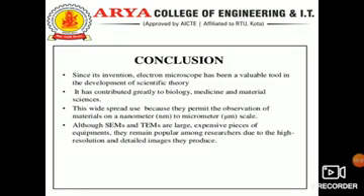It is widely used because it permits the observation of materials on a nanometer to micrometer scale. And SEM and TEM are large, expensive pieces of equipment. These remain popular among researchers due to the high resolution and detailed images they produce.